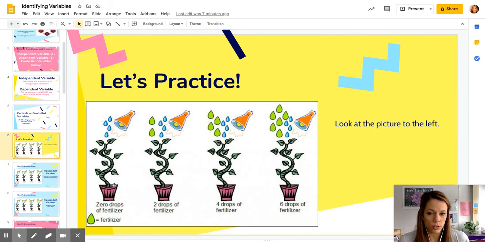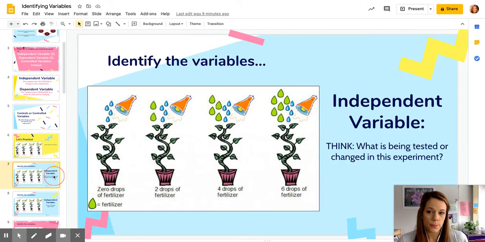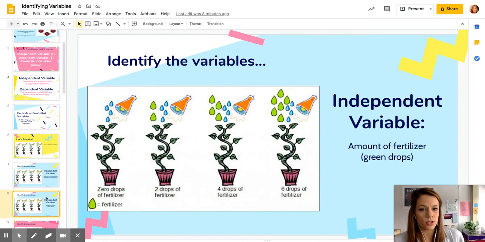So it looks like each different plant here is getting different amounts of fertilizer. That is what we are testing in this little experiment, the amount of fertilizer. So independent variable, amount of fertilizer, green drops, meaning that's what we're changing from one plant to the next.